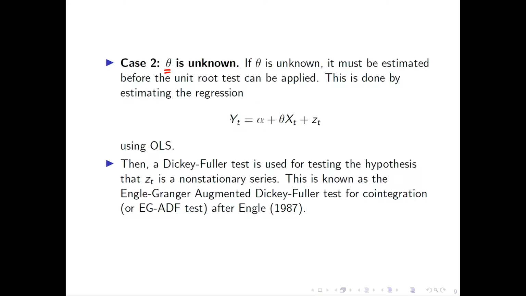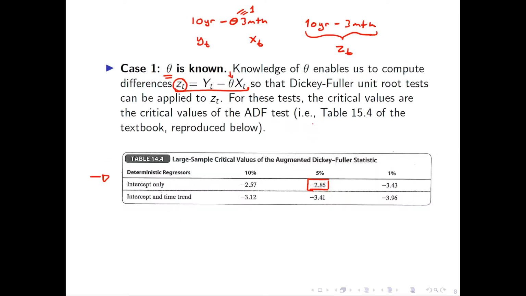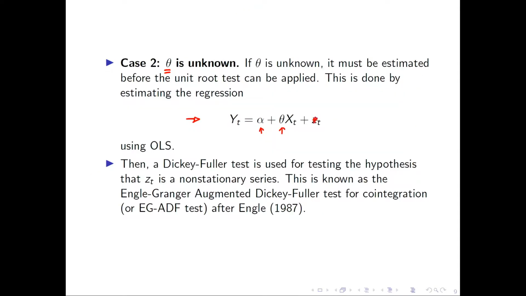And this is quite easily done by estimating this regression: yt equals an intercept, alpha, plus theta, which is the slope on the x variable, which is coincidentally the scaling parameter, plus an error term. And as we used z for the difference, we should not use that for this. We should just use ut, which is the error term.